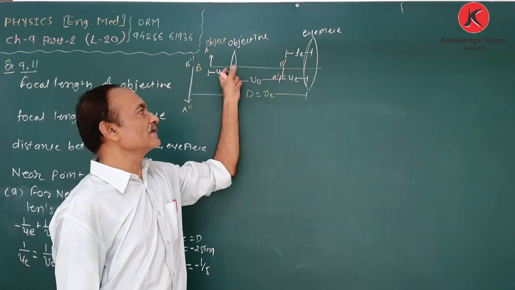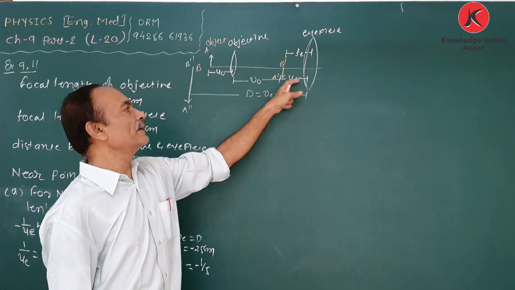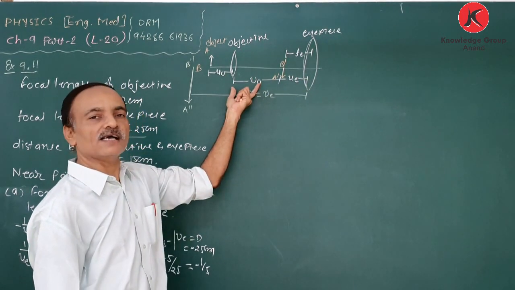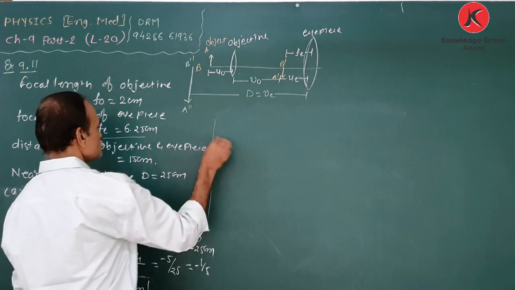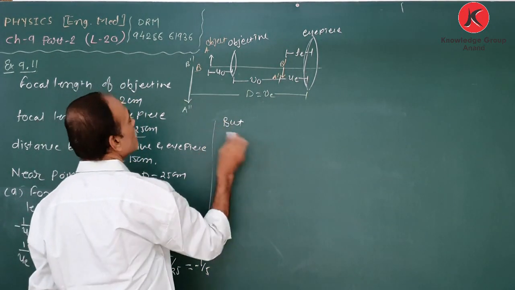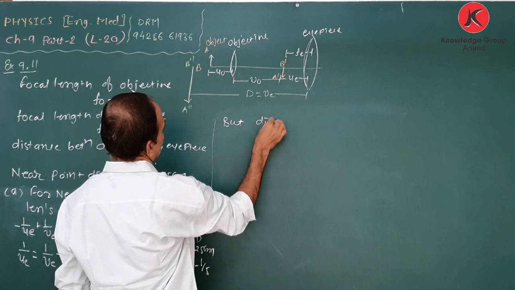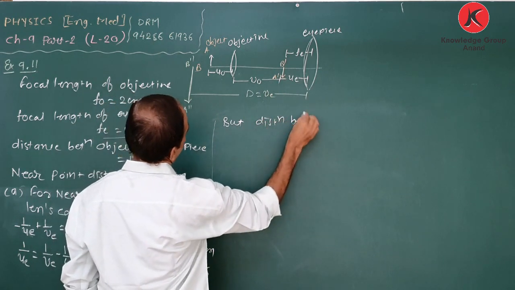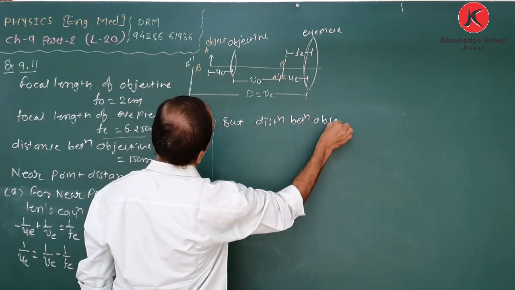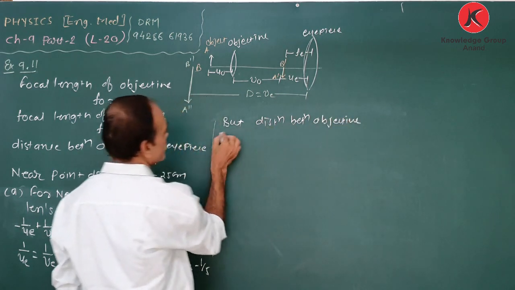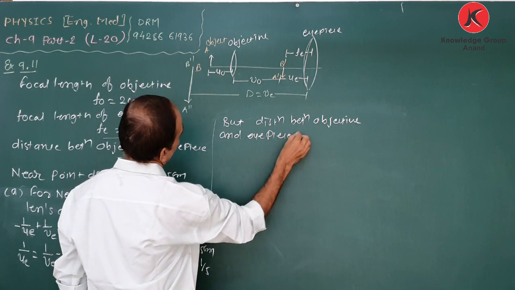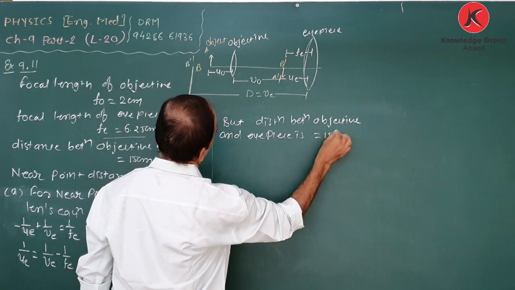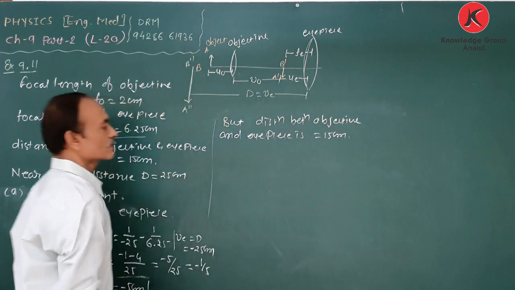Now the distance between the two lenses is given as 15. 15 minus UE gives the image distance for the objective. The distance between the objective and eyepiece is equal to 15 centimeter.